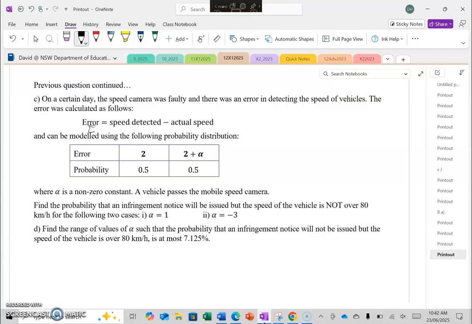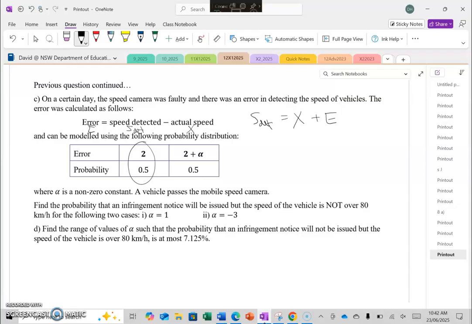If I let E be error, speed detected I'm going to call SDT, and actual speed I'm going to call X. If you rearrange this, the speed detected is the actual speed X plus the error. So basically this first one, an error of 2, has a probability of 0.5.